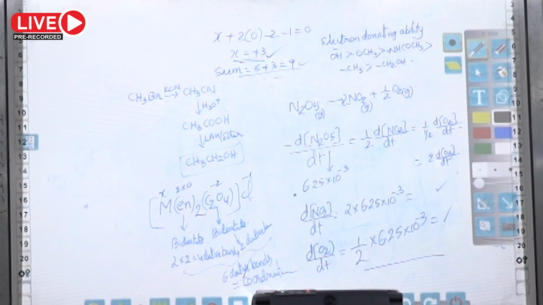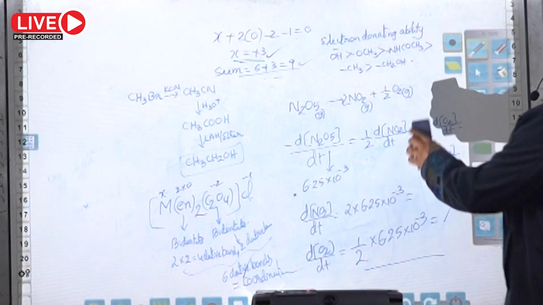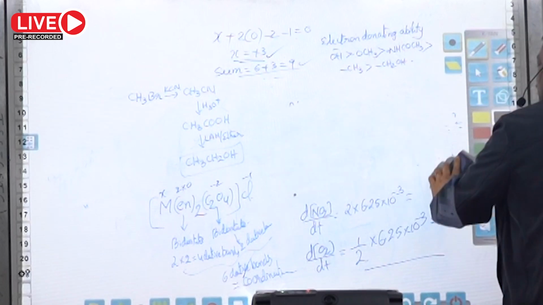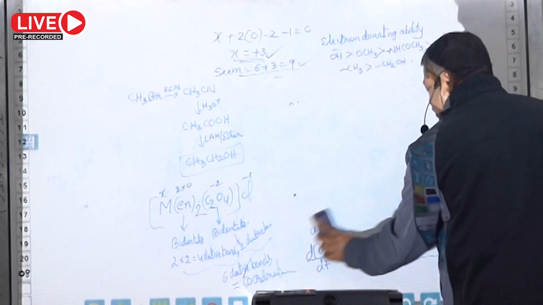Similarly, d[O2] by dt is equal to half into 6.25 into 10 power minus 3. These are the answers.